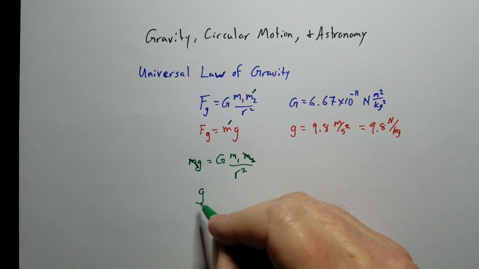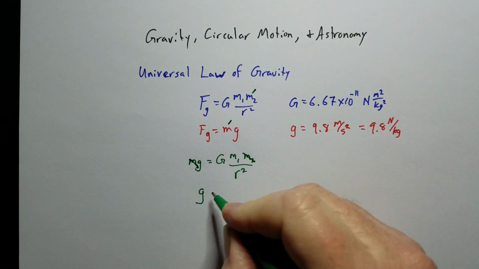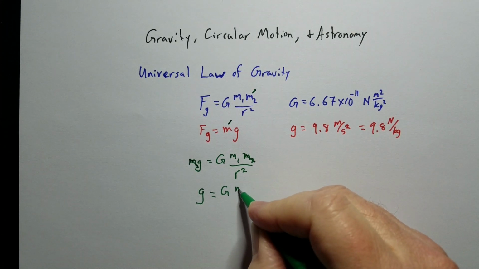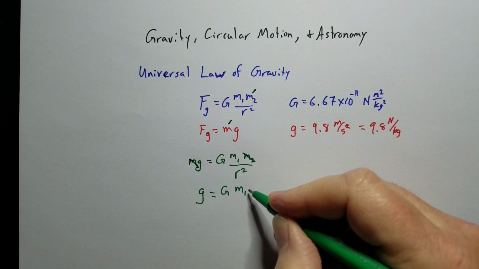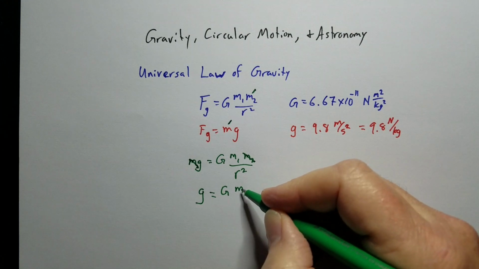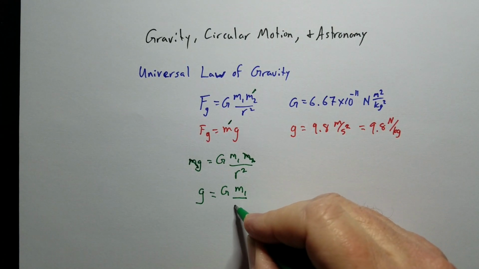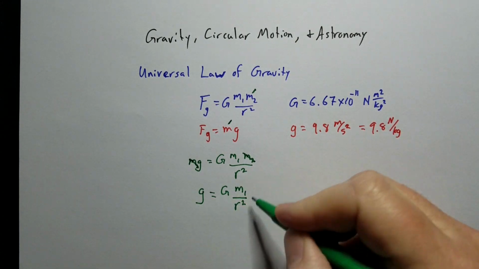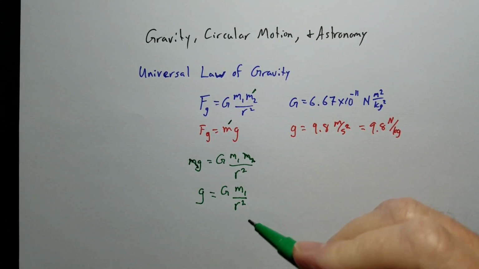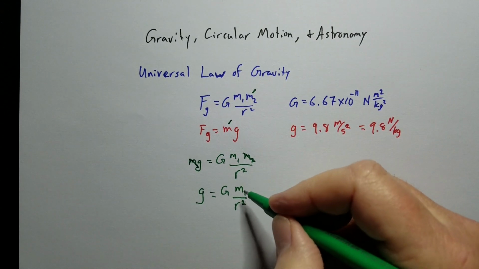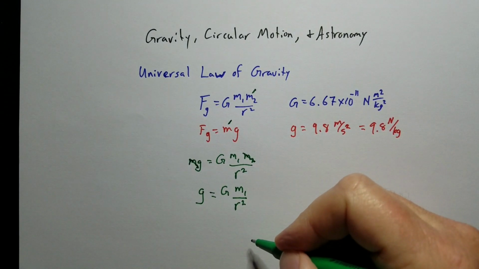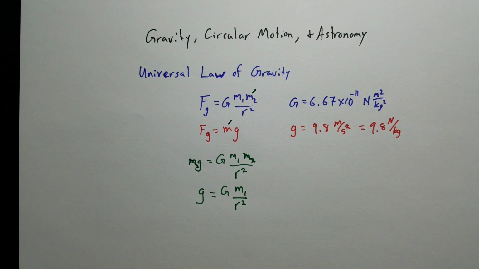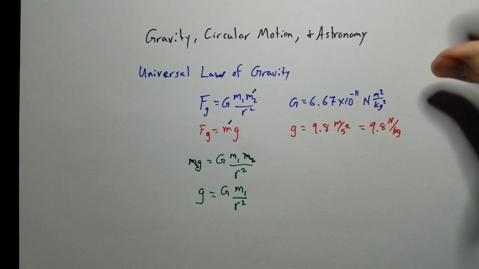And we just get the acceleration due to gravity on anything is equal to the universal gravitational constant, the mass of that object, so the Earth or the Moon or anything like that, divided by the radius of that object squared. So using that, you can figure out the acceleration due to gravity on any object as long as you know its mass and its radius. So that's a very good use of algebra. But let's expand this a little bit.